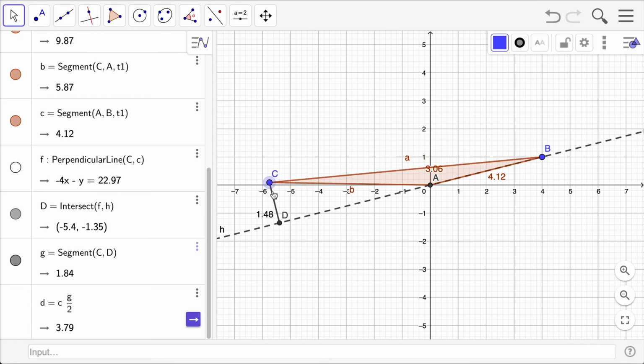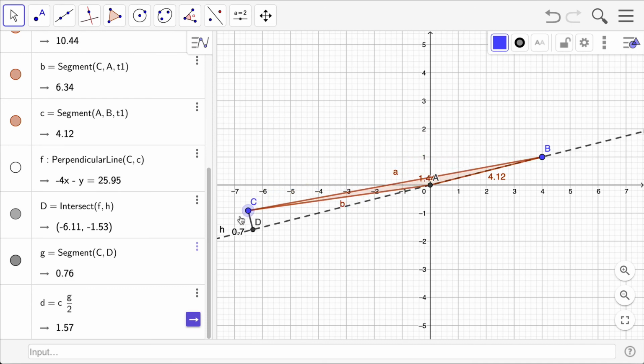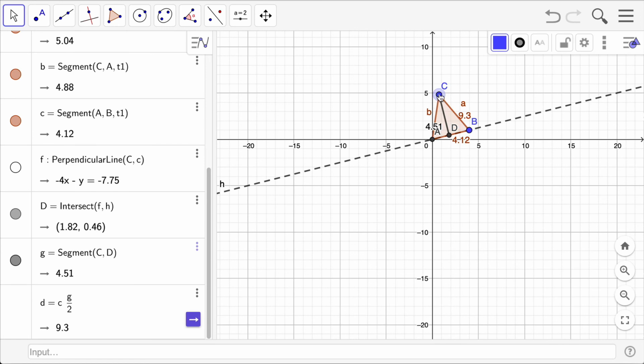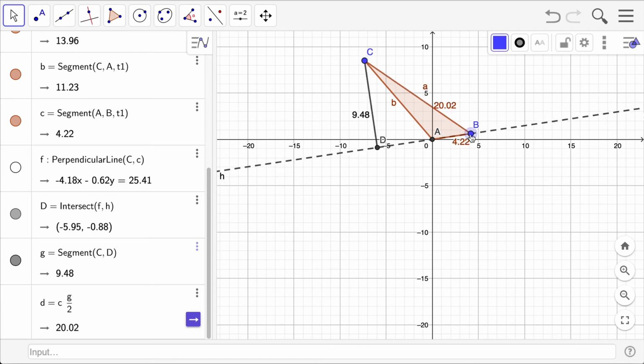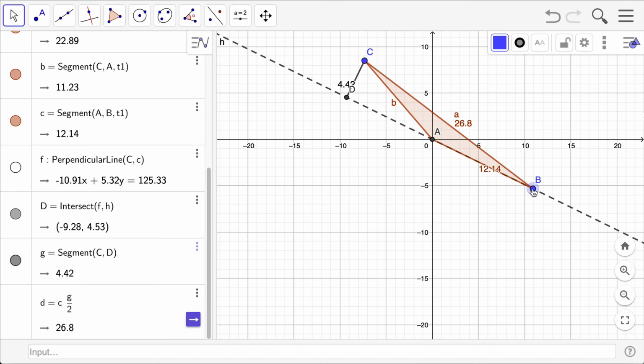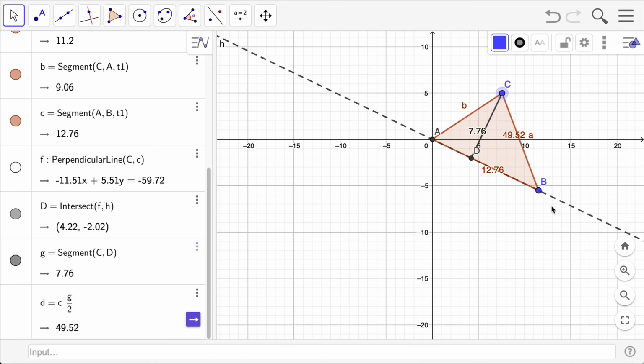It doesn't matter how narrow, how far out, how in, how large. You can scale it out. It doesn't care, right? The formula is always true. Now let's see what happens if I move B. So I'm changing my base. It doesn't care. It's still doing the same thing, right?